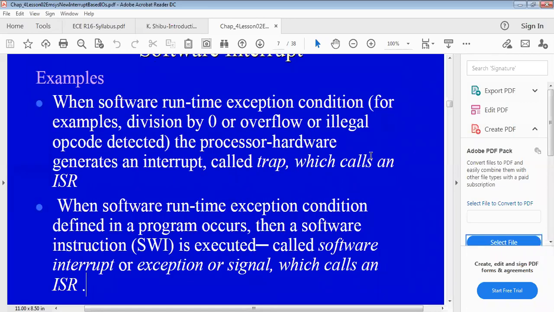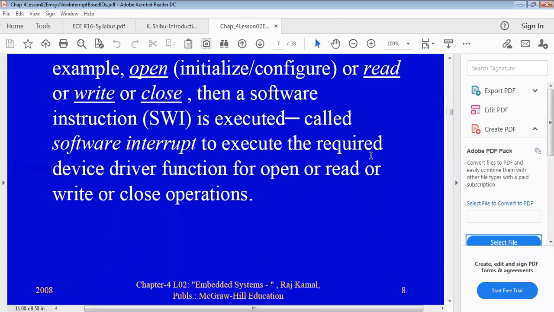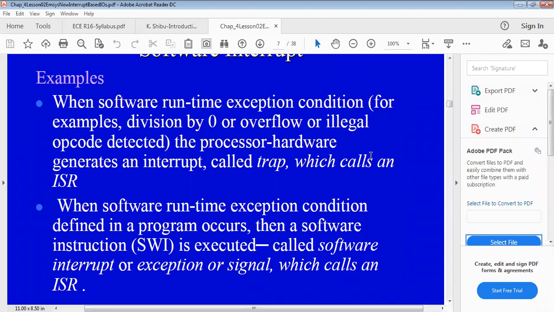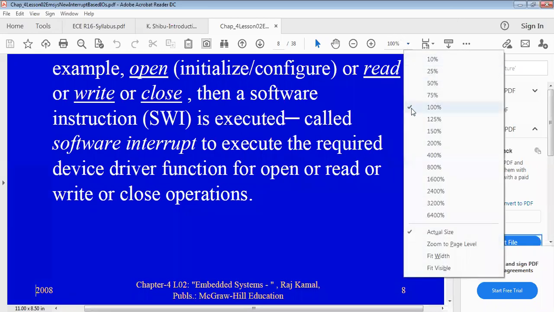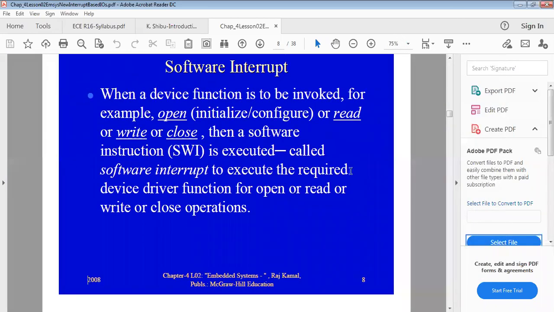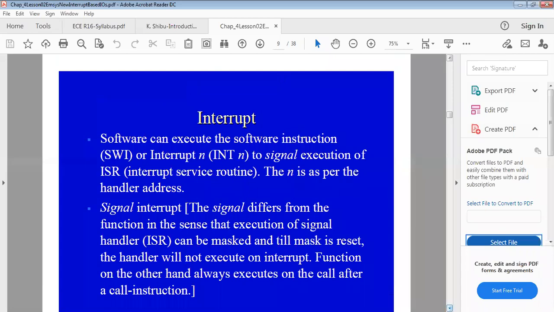See here, example: software can execute the software instruction.